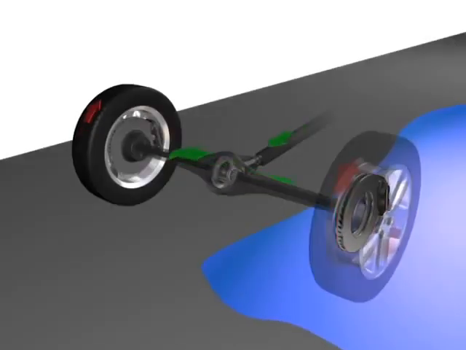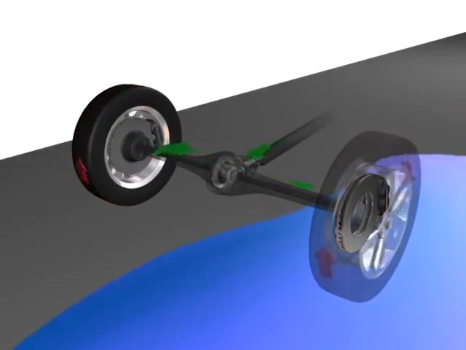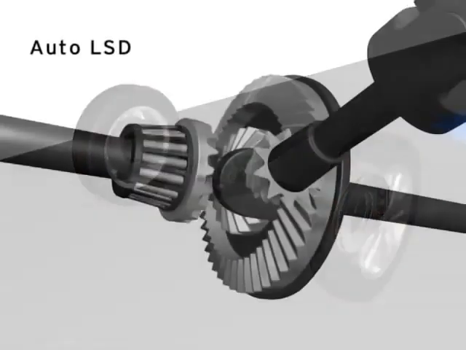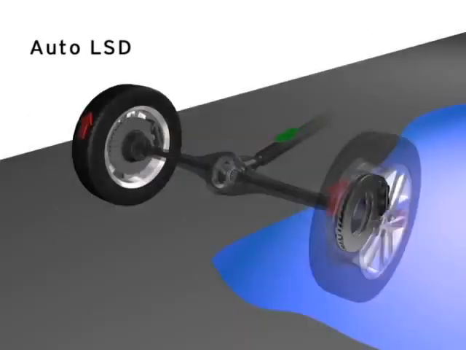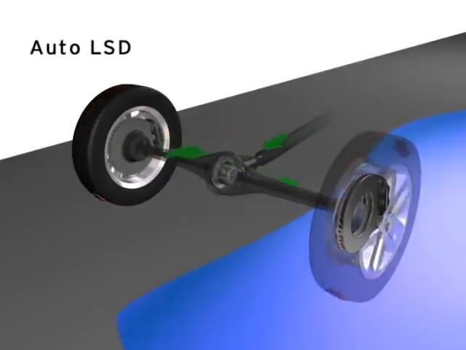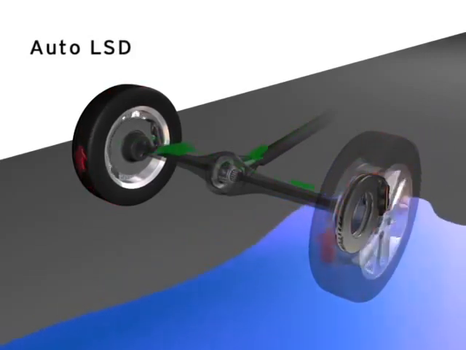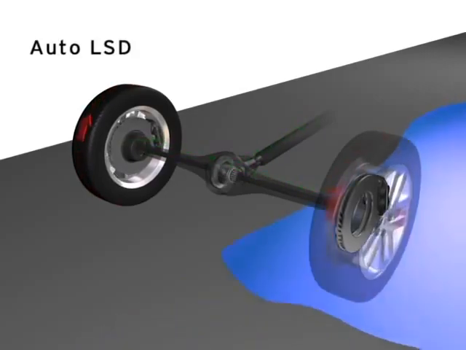An alternative to differential-based LSDs and locking differentials are brake-activated LSDs, such as Toyota's Auto LSD system. Brake-activated LSDs use an open differential but selectively apply the brakes to the wheel with the least traction. This takes advantage of the path of least resistance to transfer power to the wheel that isn't having the brake applied.